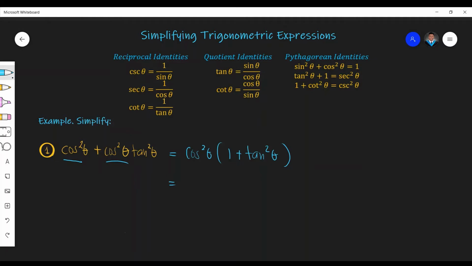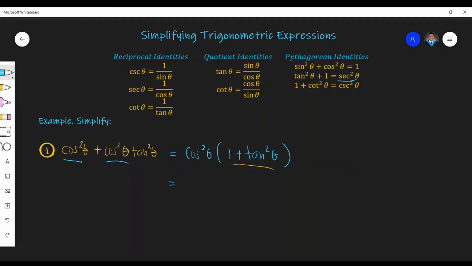And as you can see, itong si 1 plus tangent square theta, meron siyang equivalent identities, and that is secant square theta. Okay? So, yun yung equivalent identities ni tangent square theta plus 1.